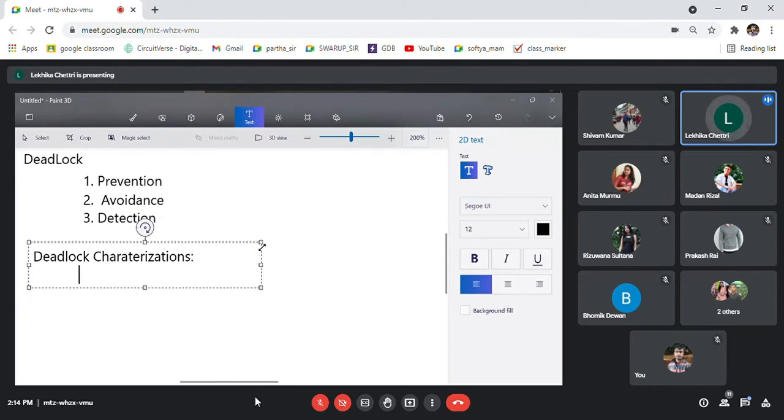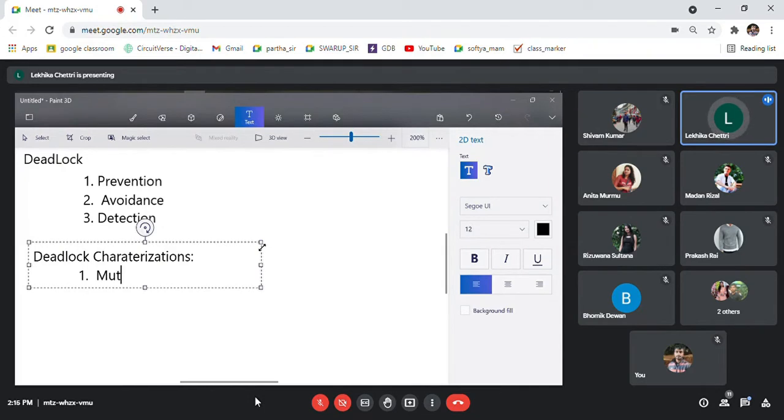There are four necessary conditions, and deadlock will occur in any system if all of these four conditions occur simultaneously. That means if three conditions occur and one does not occur in that system, there will be no deadlock. For deadlock to occur, all four conditions must occur simultaneously.